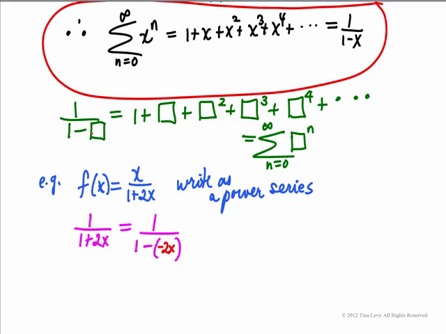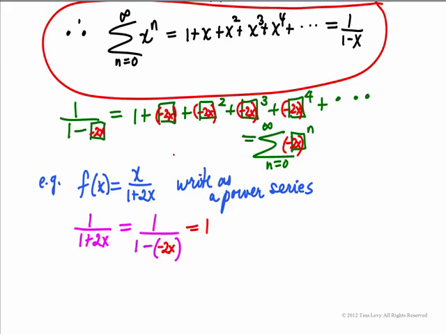So if I put negative 2x here, substituting negative 2x for the x's, negative 2x, negative 2x, negative 2x, and do that everywhere here and the same here, I get the series representation for the function 1 over 1 plus 2x.